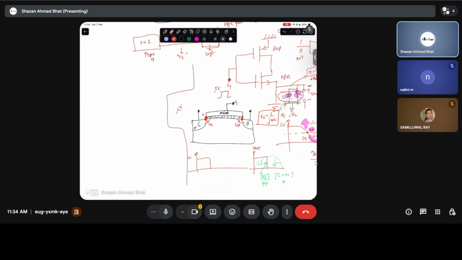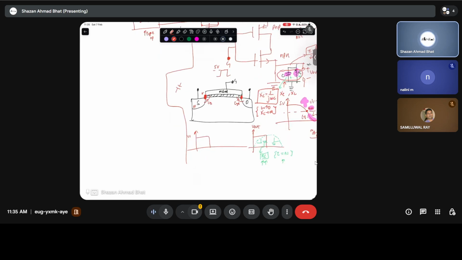That means for omega tending to 0, you have XC tending to infinity. That means it's not going to allow the DC to pass through it. That's just the fundamental property of a capacitor. Once you have the DC source applied to the capacitor, it's not going to allow the current to pass through it. The impedance or the reactance becomes infinite. But when the AC is applied to it, it starts the charging and discharging processes.